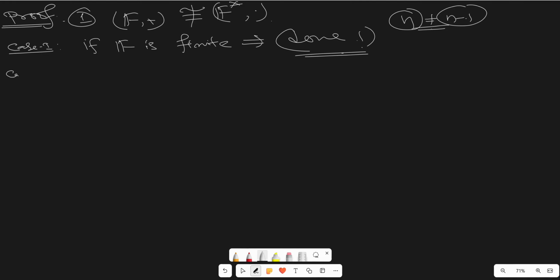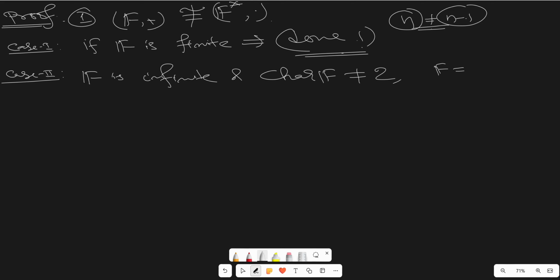So case 2. How do we proceed? If F is an infinite field and the characteristic of F is not 2, that means F is not actually Z2.